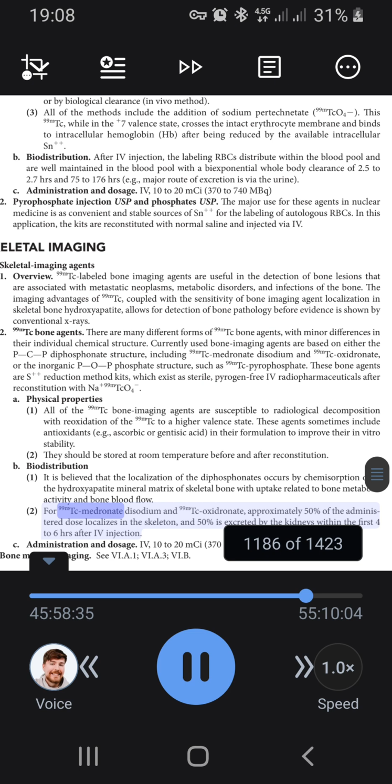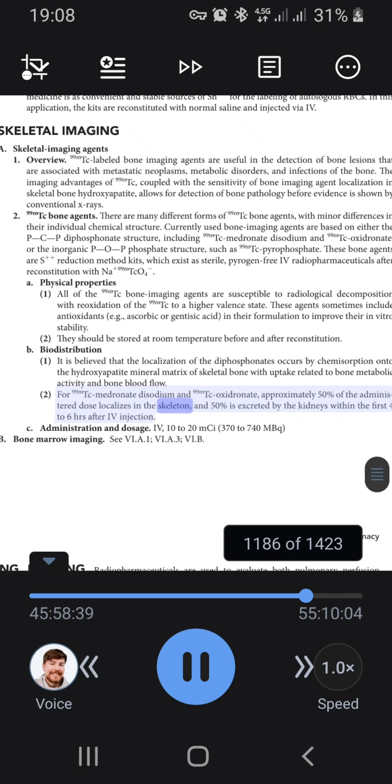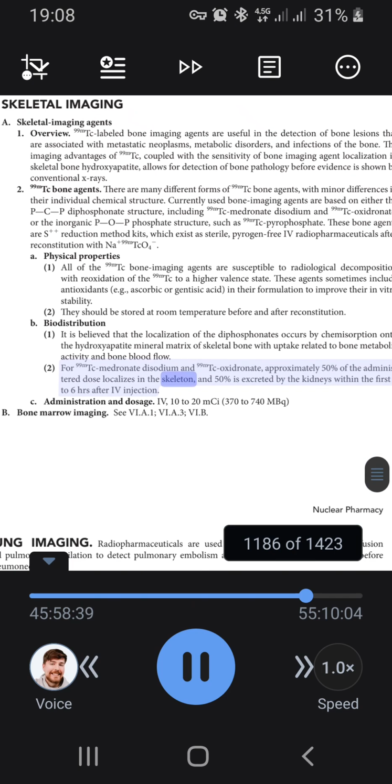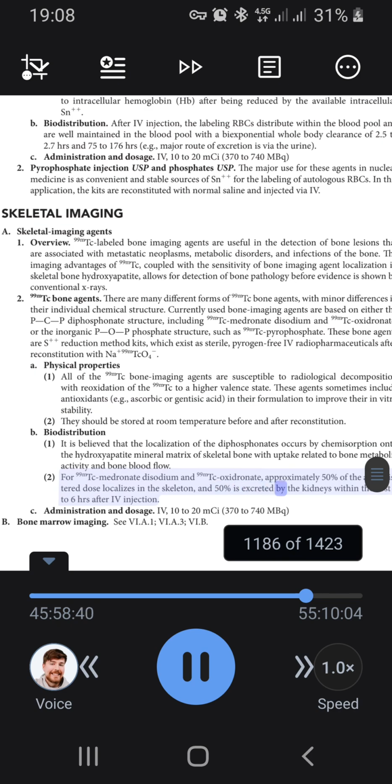For 99mTc medronate disodium and 99mTc oxidronate, approximately 50% of the administered dose localizes in the skeleton, and 50% is excreted by the kidneys within the first 4 to 6 hours after IV injection. C. Administration and dosage. IV, 10 to 20 mCi, 370 to 740 MBq.